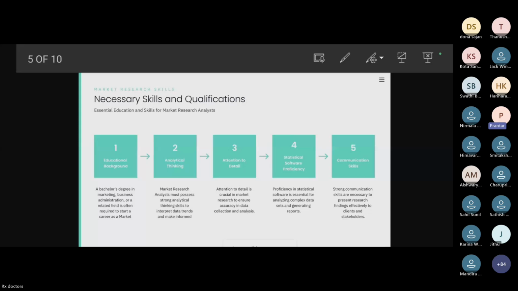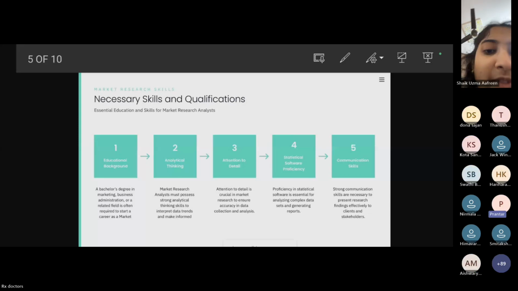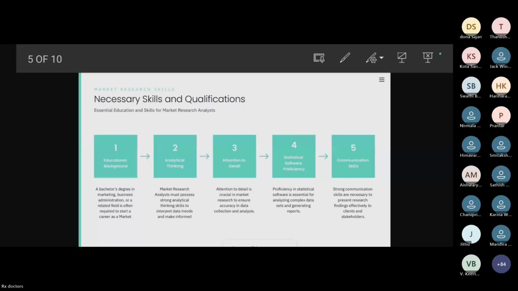Attention to detail is really important. And for starters, statistical softwares like Tableau are not as important, but a strong hold on Excel is really important. So currently, the projects that I work on, most of the analysis is done on Excel, and familiarity to it is of top-notch importance.